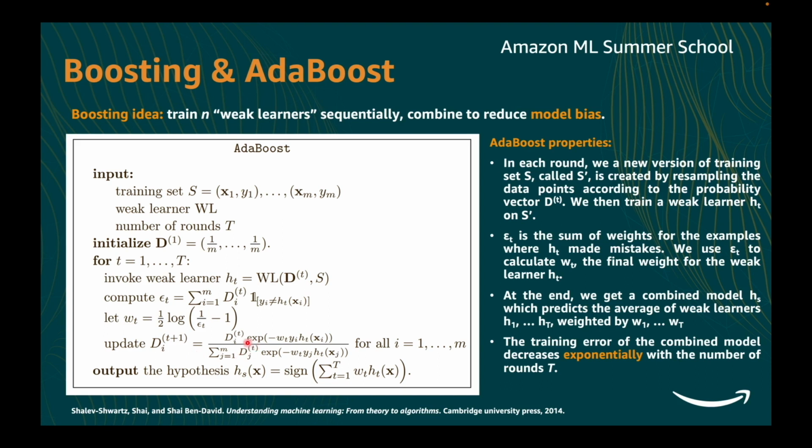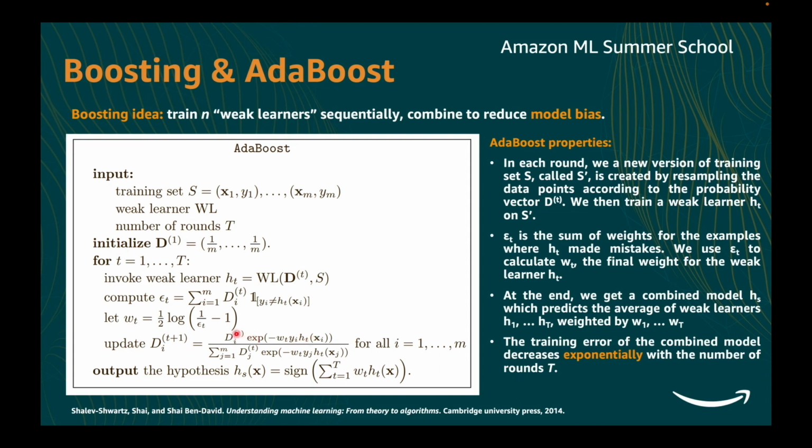You take the exponential of the negative of this weight, and you multiply it by the label. You take the prediction and you multiply that with the true label. Over here the labels are +1 and -1, so it'll give you either +1 or -1, right? It'll give you +1 if the prediction is correct and -1 if the prediction is incorrect.